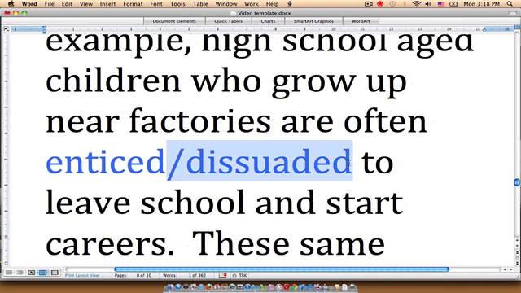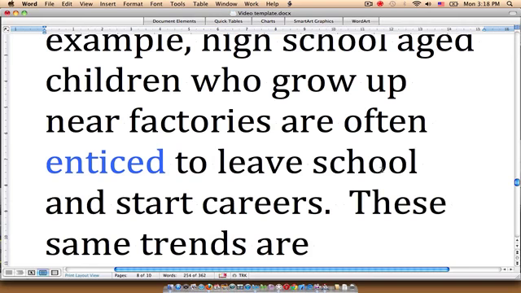It would be not encouraged or actually pushed against. So this would be that they would be encouraged not to leave school. That's what dissuaded would say here. But that's not what we're trying to argue. We're trying to argue that when factories are located closer to some of these towns, high school level students are encouraged to leave their studies and start jobs.